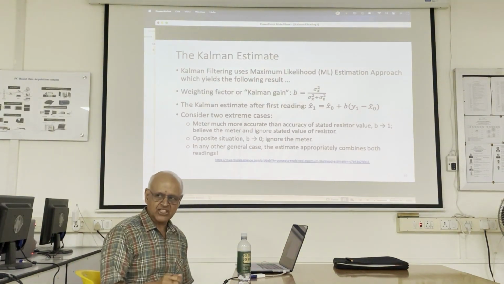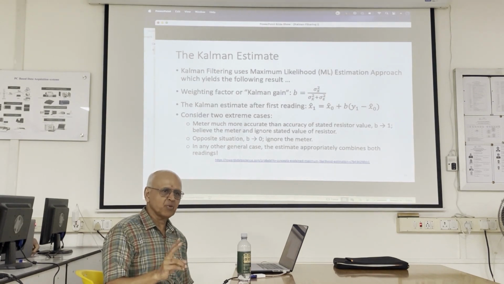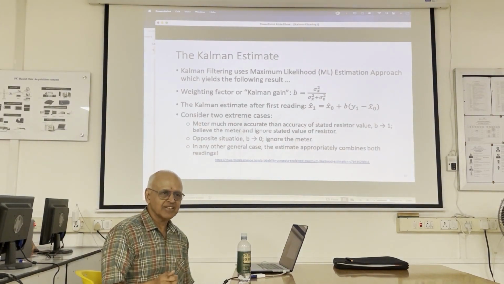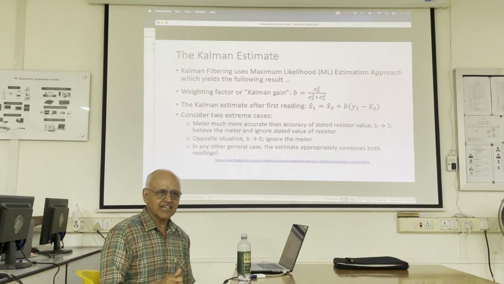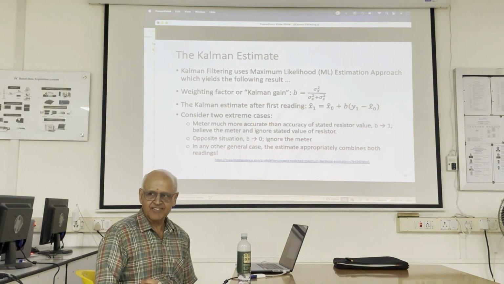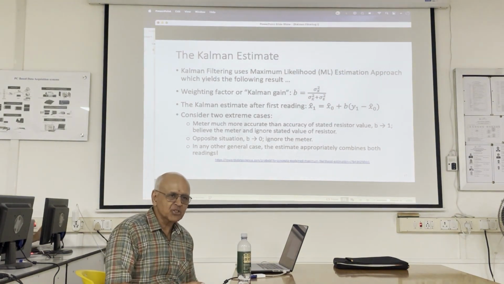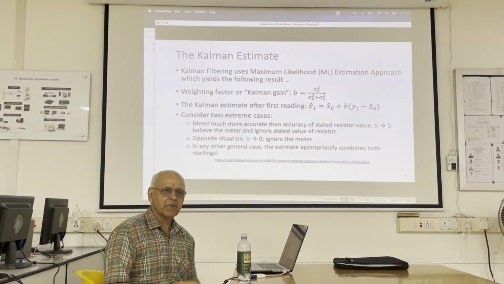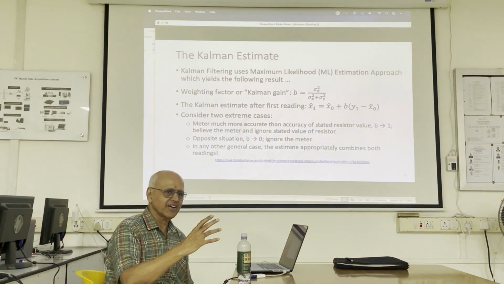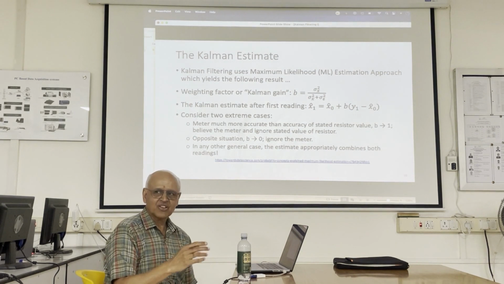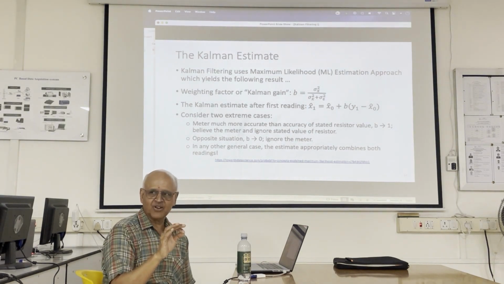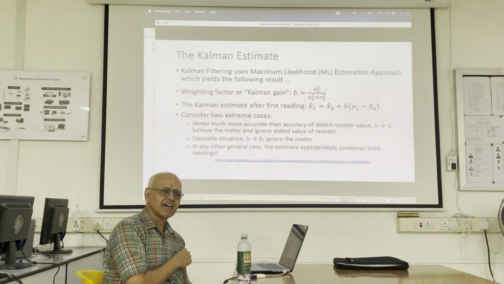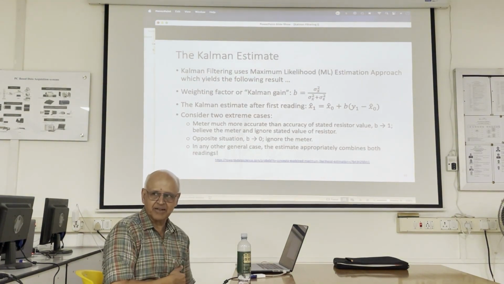If you are just averaging them, you'll say one plus the other by 2. But for that, B has to be 0.5. In general, it isn't 0.5, because with step counting you're not so sure, but you're a lot more sure about a LiDAR reading. So that number should not be even. In fact, the measurement should be better than the step counting most of the time.